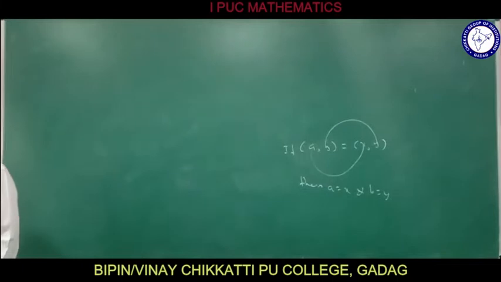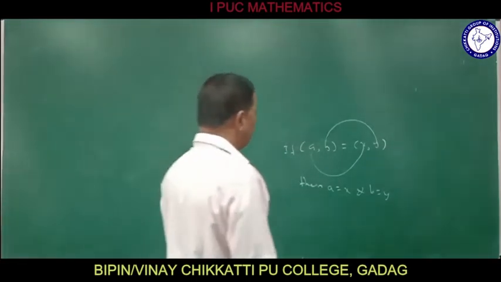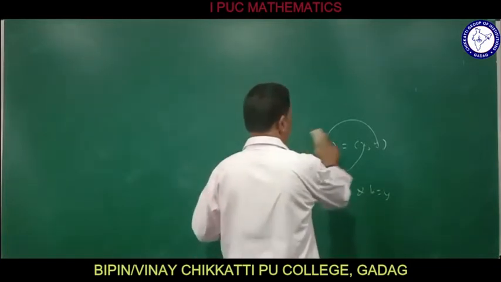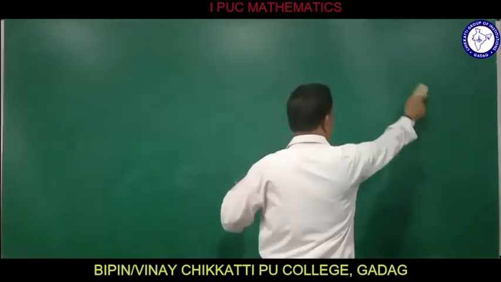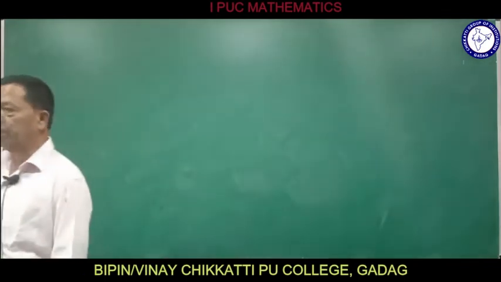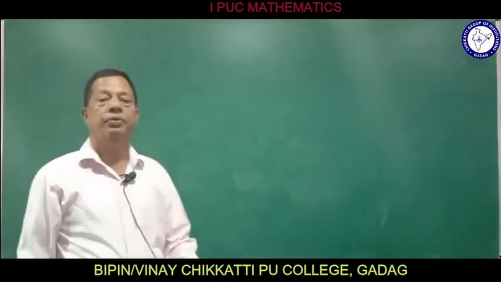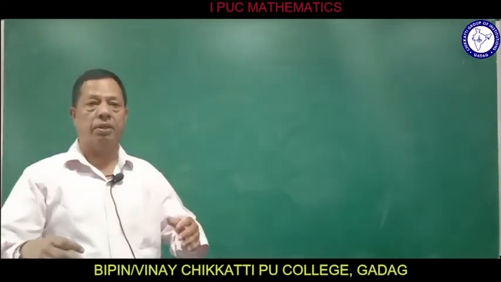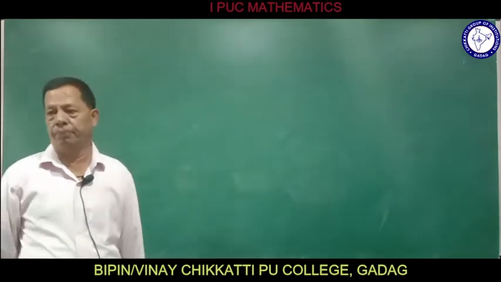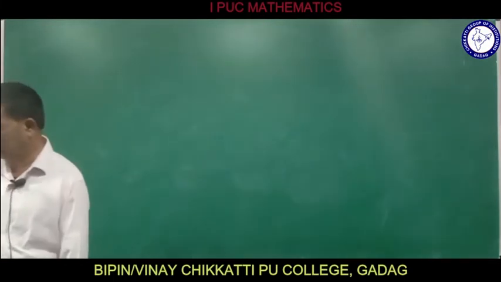That is why, when studying ordered pairs, if they are equal, their first elements are equal and their second elements are also equal. This is also an important point to be followed. Once again, two ordered pairs are equal if and only if their first and second elements are respectively equal. Then only we say that the two ordered pairs are equal.